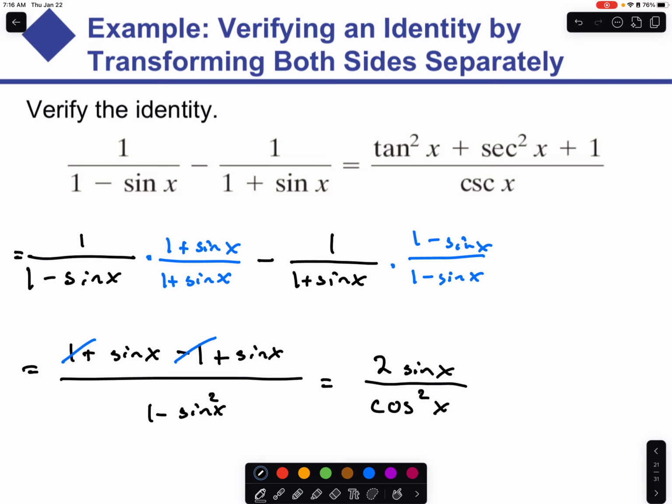Double angle formula. Cosine, does that help us? Sine, that's what, tan, but it's not tan squared.